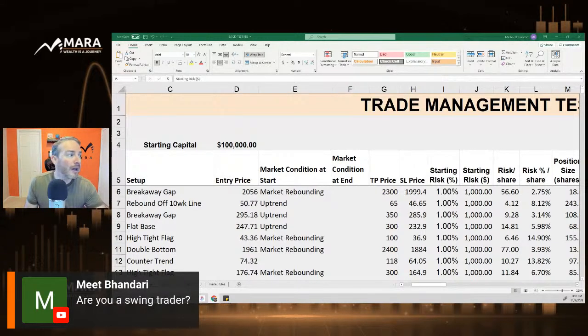In this market, it's been fantastic, so I've held my biggest winners for about a month at this point. But on average, I'd say my holding period is probably around 20, 21 days for a winning trade.